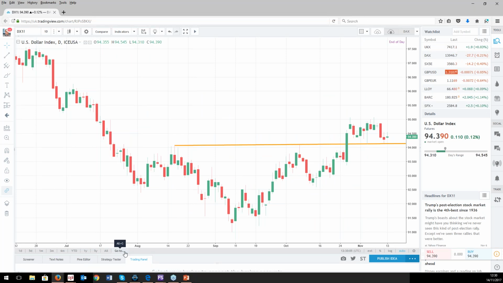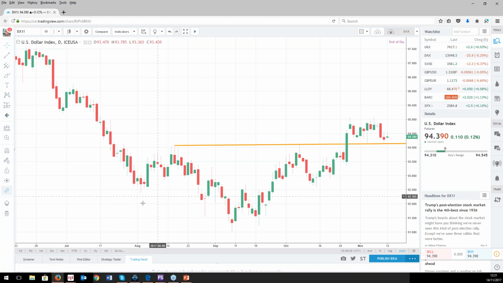This is the US dollar against a basket of everything, basically, and the dollar index is a similar looking chart to the euro US dollar if you were to completely turn it on its head. Just turn that upside down. Turn the euro US dollar upside down, and you've got this. So this is called a head and shoulders bottom.